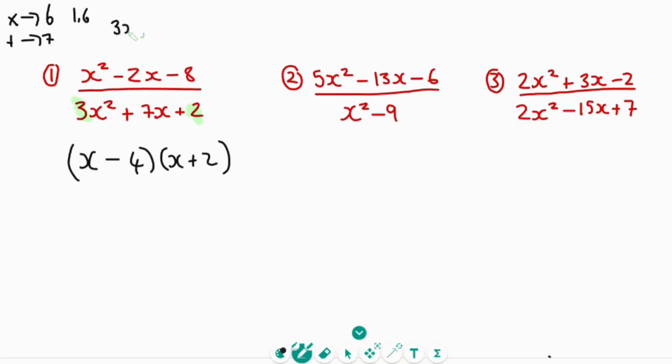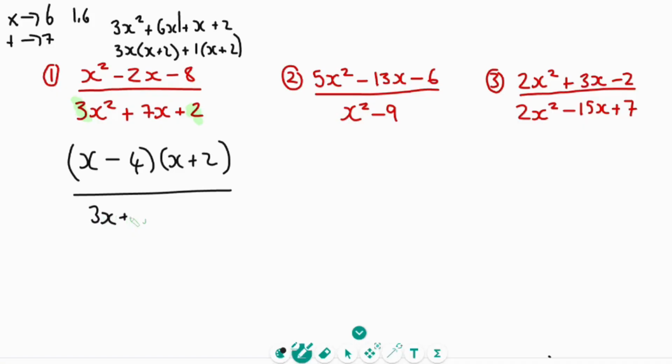So we've got 3x squared plus 6x plus x plus 2. 3x bracket x plus 2, I factorise the left hand side, plus 1 bracket x plus 2. So 3x plus 1 in one of my brackets, x plus 2 in the other bracket. x minus 4, 3x plus 1.